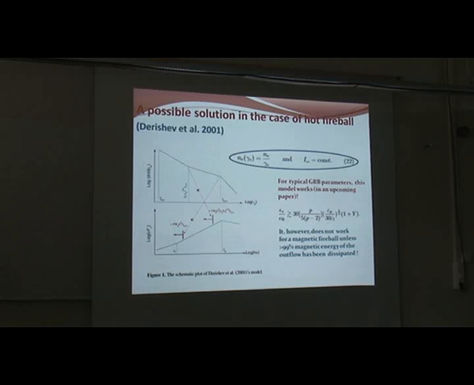I just want to mention what the typical parameters we use are, the wind luminosity and the E peak. I think we didn't assume anything additional.